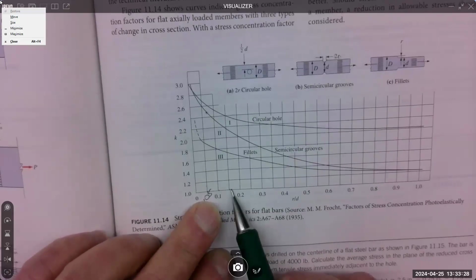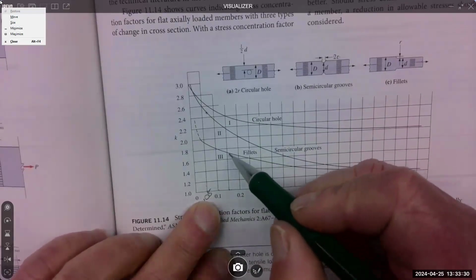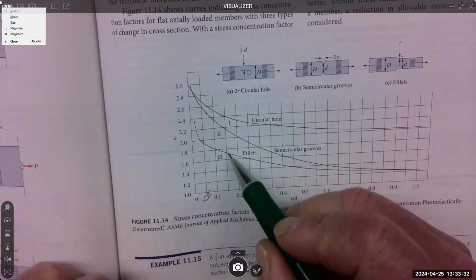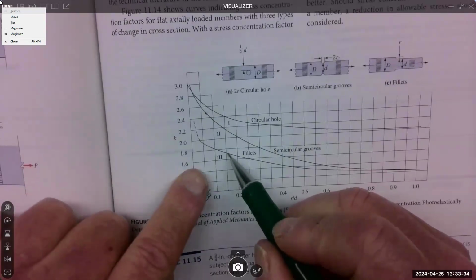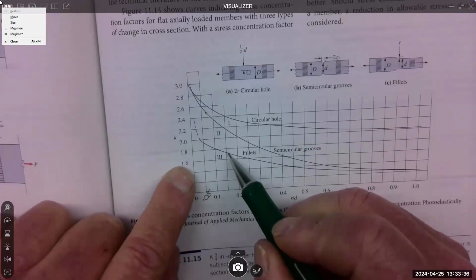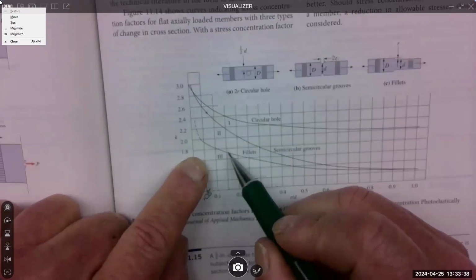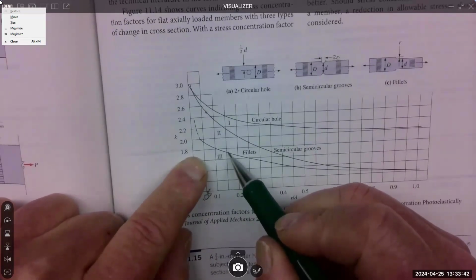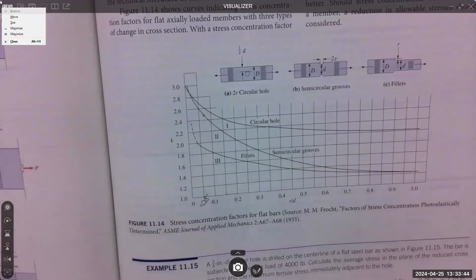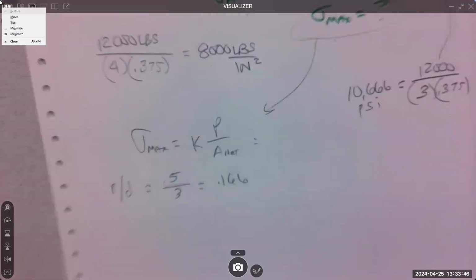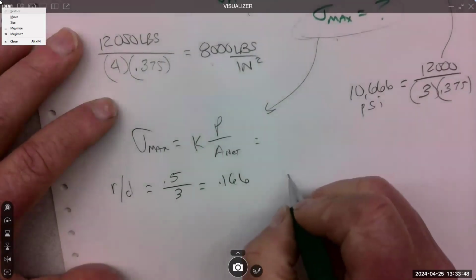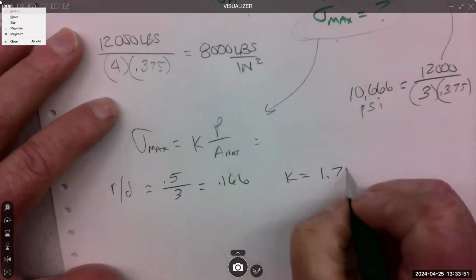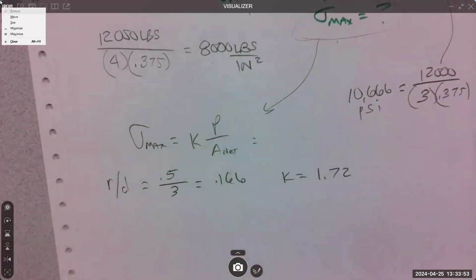Fillets. So we come up to here, and I say it's barely above 1.7. So K is for me 1.72.